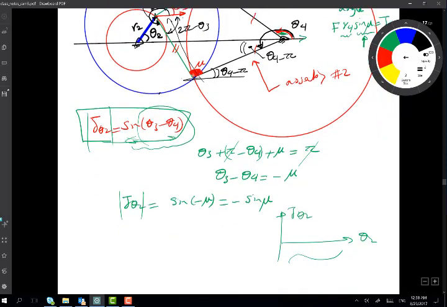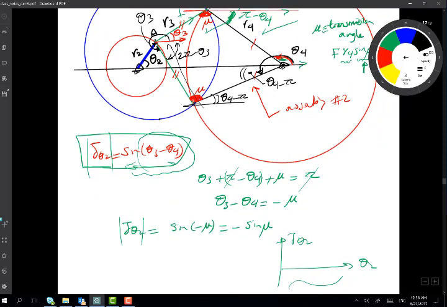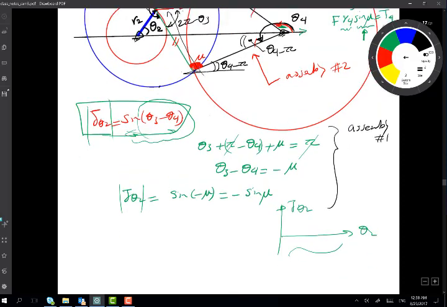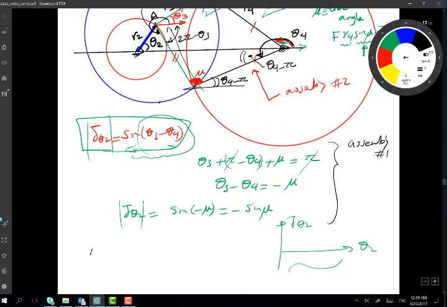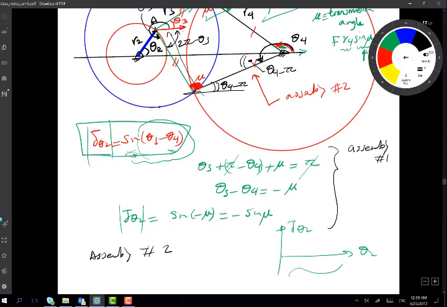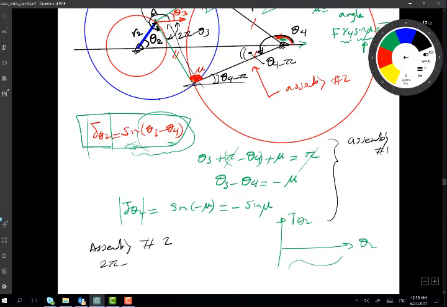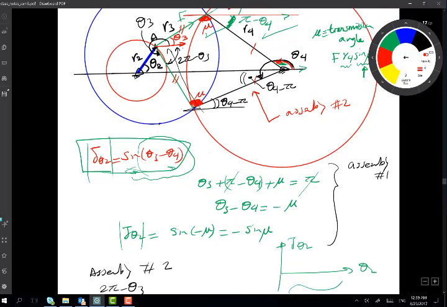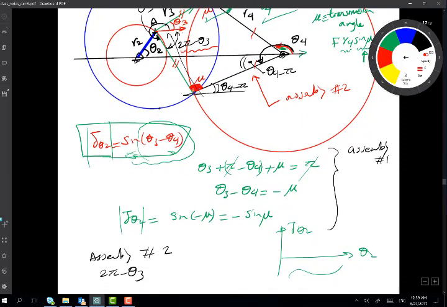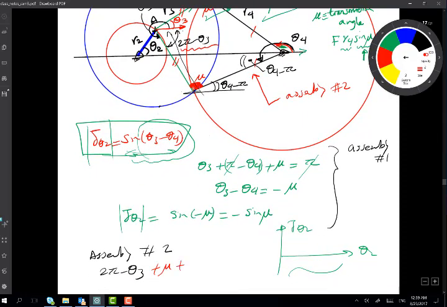So for this second assembly, previously I did assembly number 1, so let's do assembly number 2. I'm going to have 2 pi minus theta 3, which is this angle here, plus mu plus theta 4 minus pi, and they add up to pi.